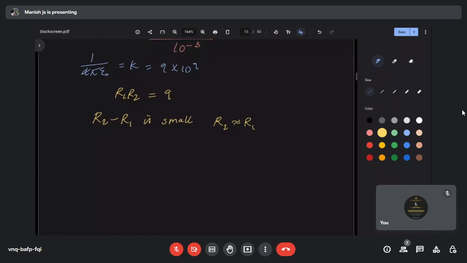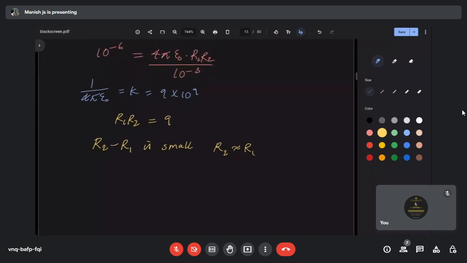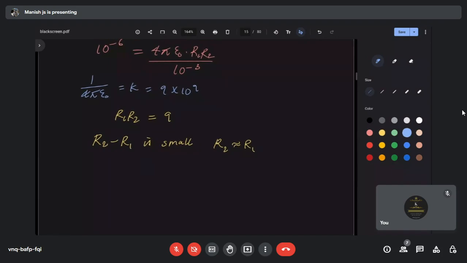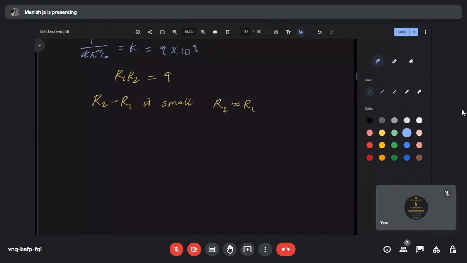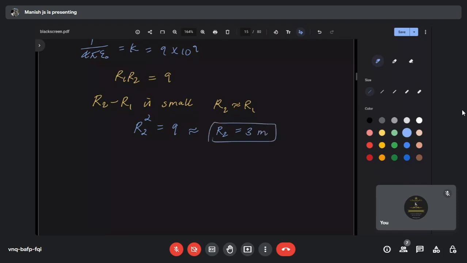So what will be the value if you go for the square? R1 R2 is equal to 9, so R2 is equal to 3, sir. So you basically get R2 square is equal to 9, which means the R2 value is going to be 3 meters approximately.